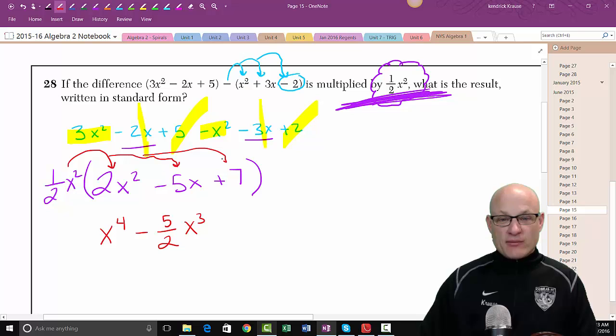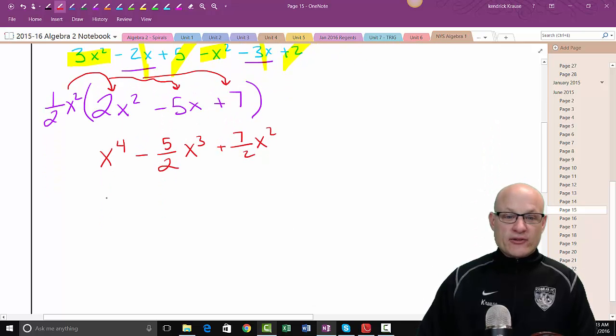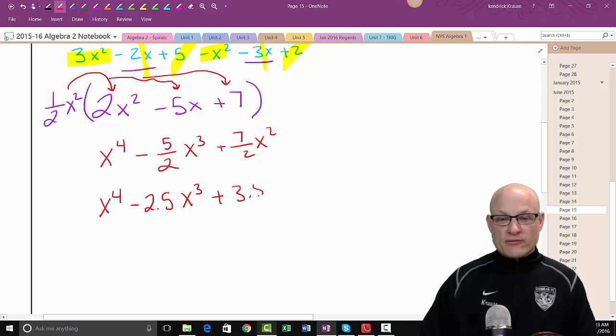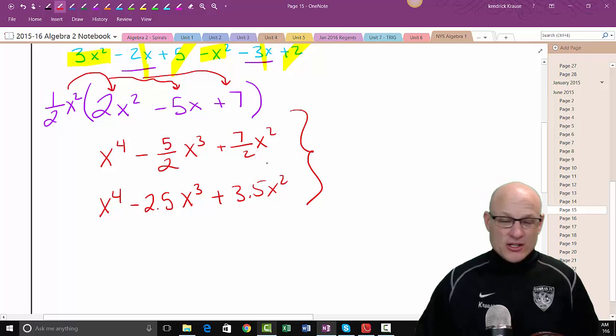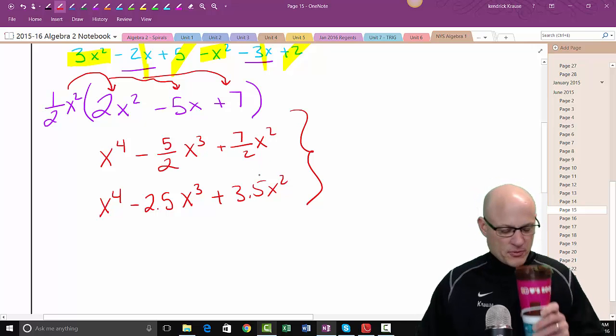And then 1/2 times 7 is plus 7 over 2 x squared. Now you can have either that answer or you could have this answer: x to the 4th minus 2.5 x cubed plus 3.5 x squared. Either one of these is an acceptable answer. Although I hate decimals, I like fractions.